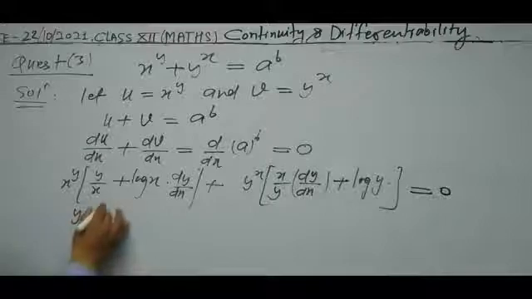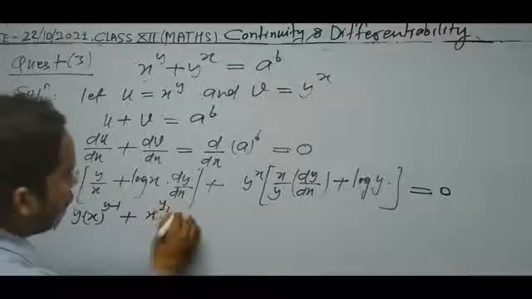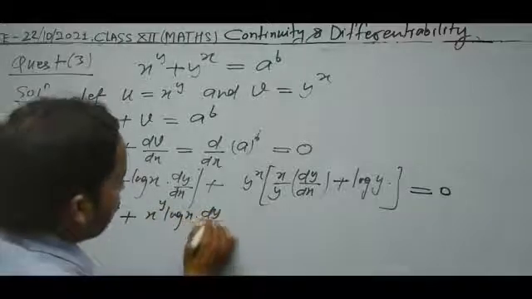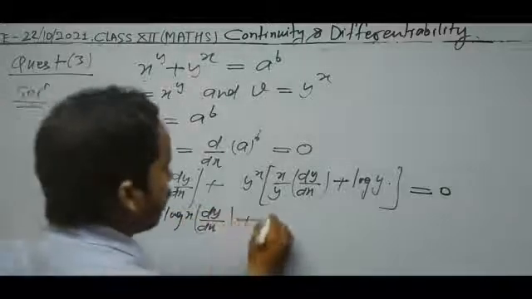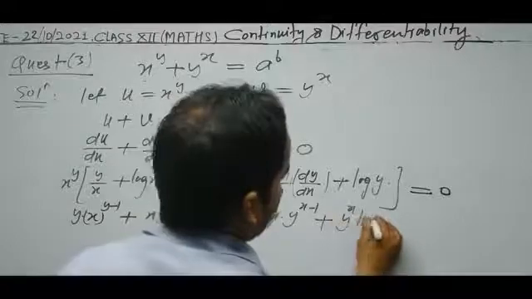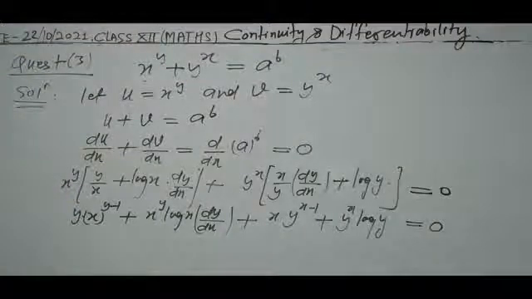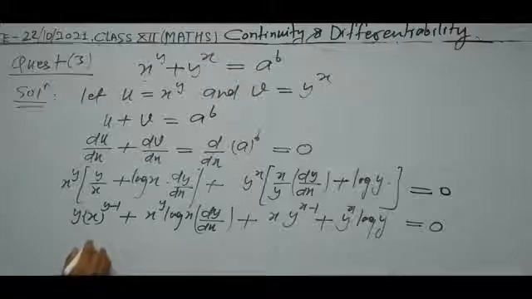y into x to the power y minus 1 plus x to the power y log of x, with dy by dx, now plus x times y to the power x minus 1 plus y to the power x log of y is equal to 0. And now, after calculation, what will be its answer?